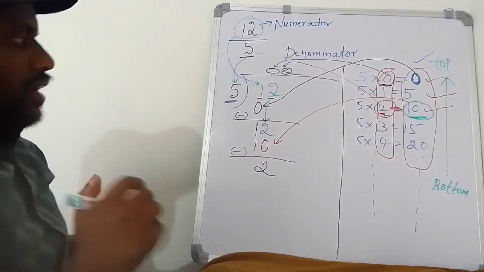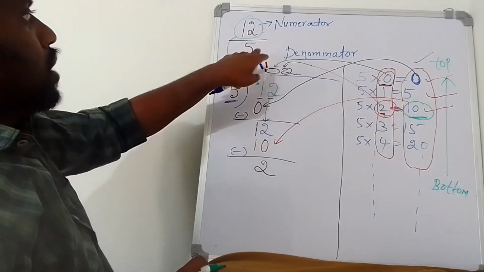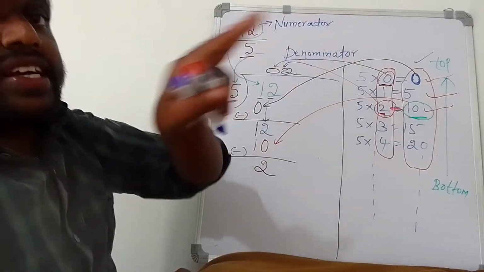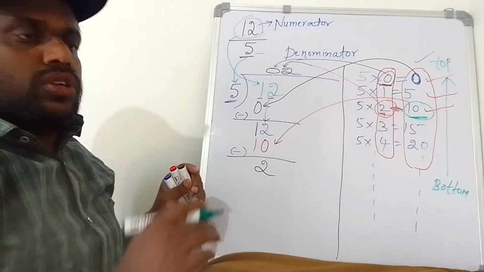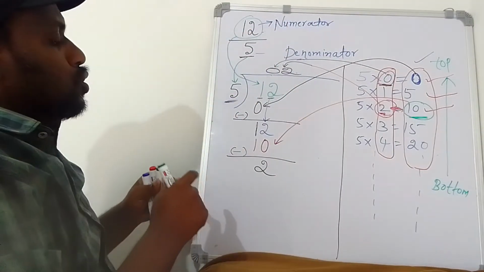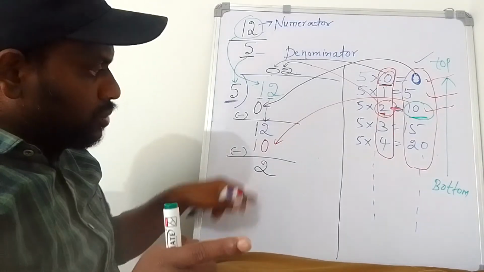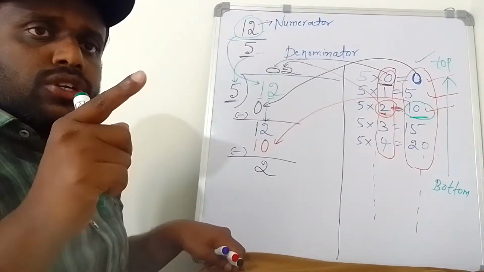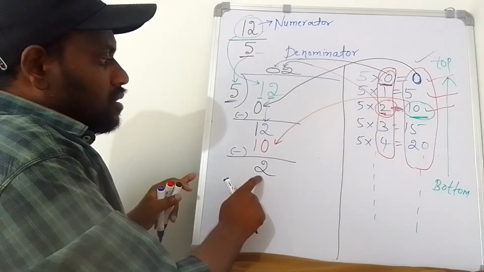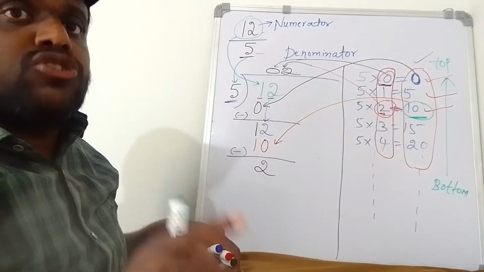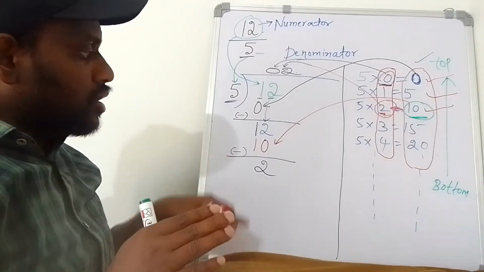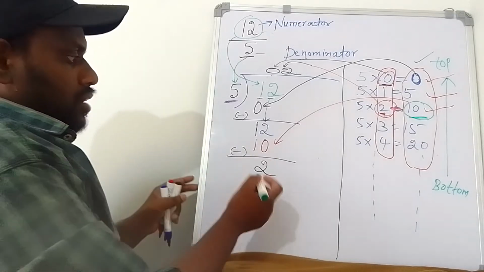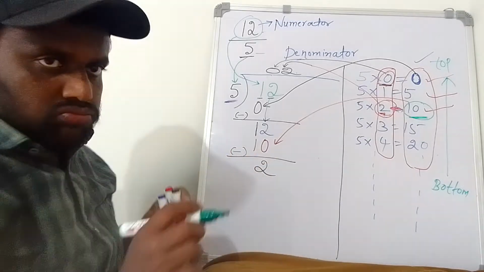But remember one thing, we need to convert this fraction into a decimal number. So you have to continue the division process till you get this remainder as 0. Till then you have to continue. Now we have got this remainder 2.